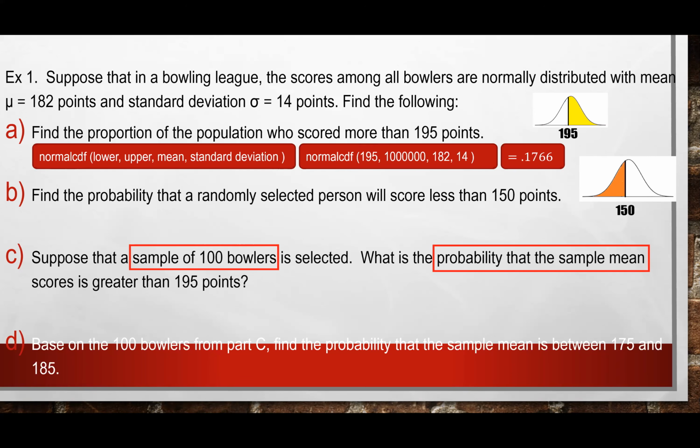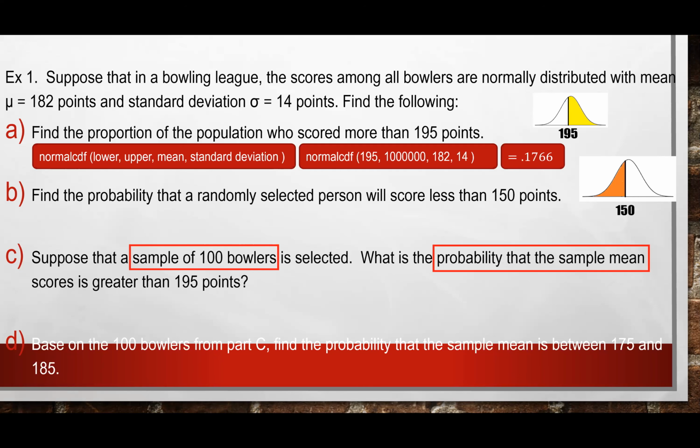If you look at the curve, the number is not really precise, and we don't really need it to be. The middle of this is 182, I know the mean is 182, and 150 should be somewhere down here further away, but we don't need to be precise about that.